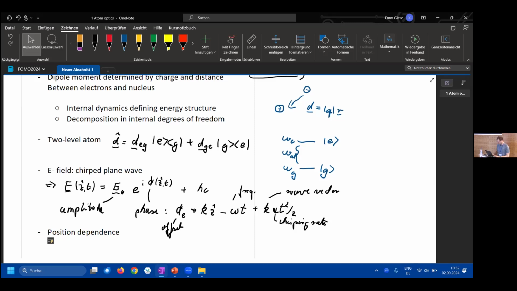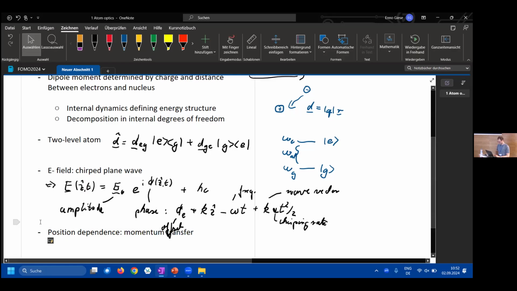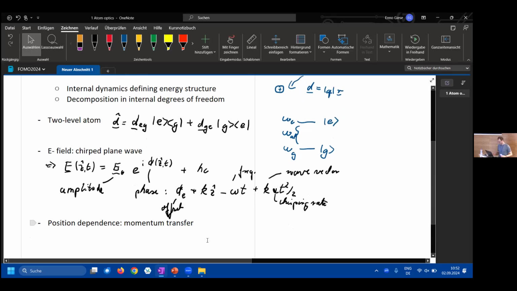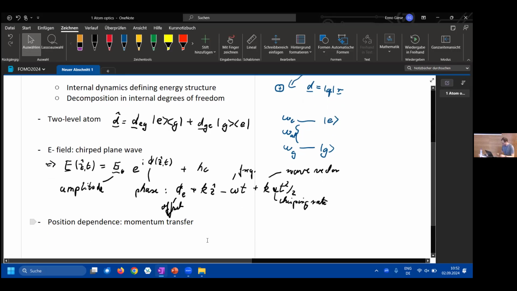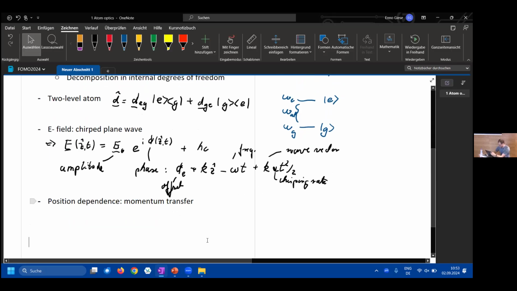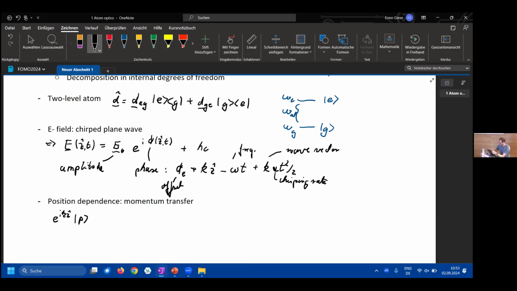The position dependence will basically lead to a momentum transfer. We will see that by the following little calculation. Let's just say we have this e to the ikz acting on a momentum eigenstate. What happens? Let's use position representation.